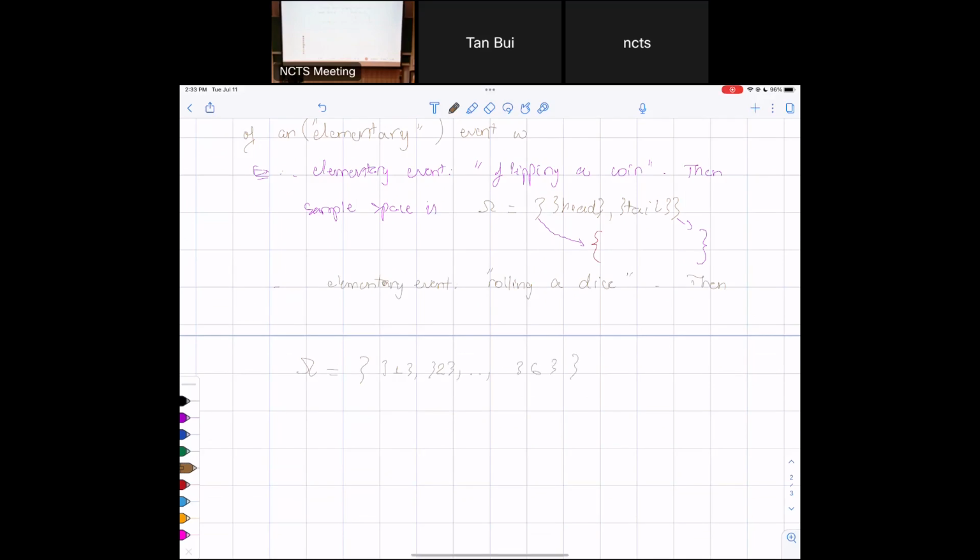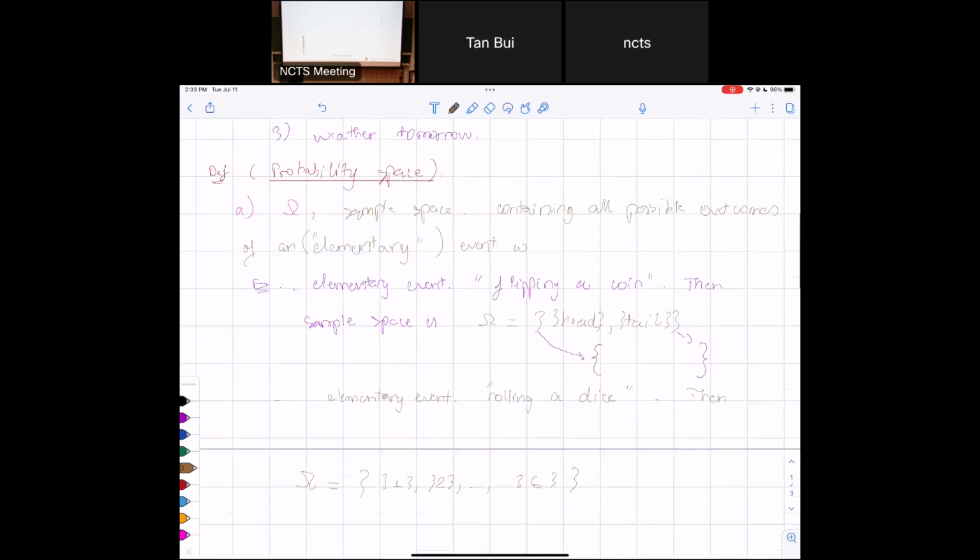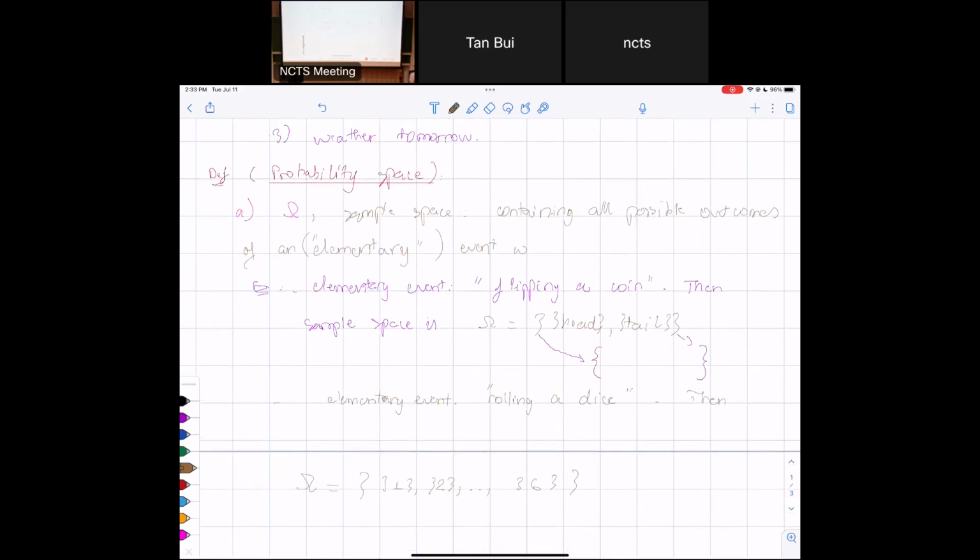You have only 6 faces, right? So it contains all the outcomes of the elementary events. Okay. All right. So now the next subject. Is it good? Any question on the sample space?